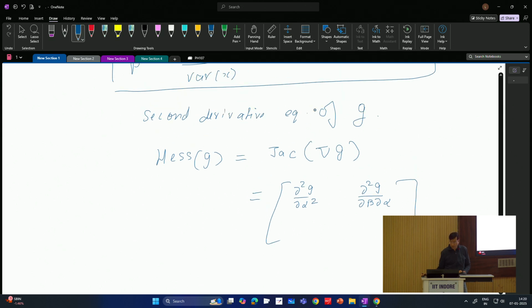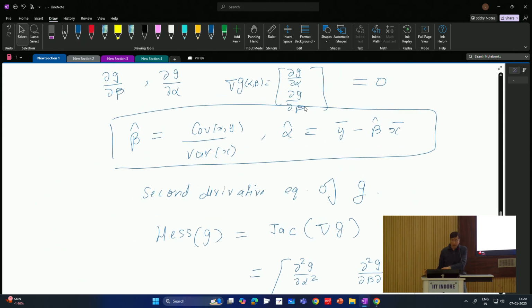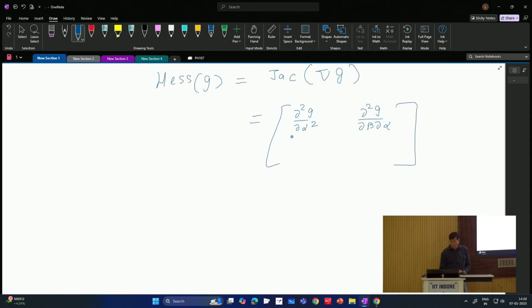Correct? Then I'll take the second element and differentiate with respect to alpha and beta again, because those are my variables. So this will be d2g over d alpha d beta, d2g over d beta square.